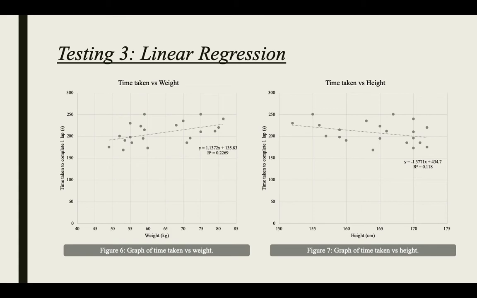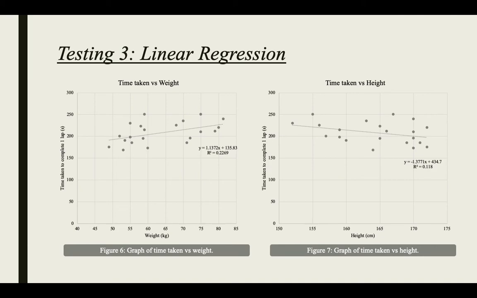And then we have the r squared is 0.2269, which is not quite good because it's further from the regression line, and lower than 0.5. And from the graph we can see that when the weight increases, the time taken also increases, because when some students have more weight, they have more load to carry during the jog, so it will affect the time taken to complete one lap.